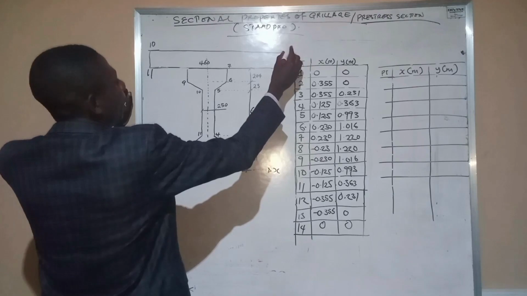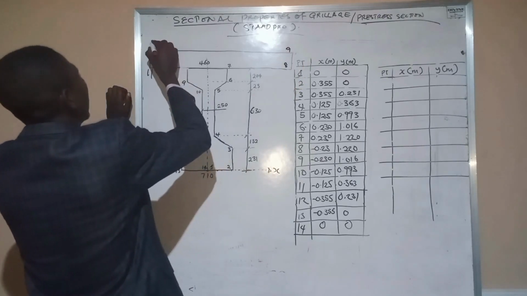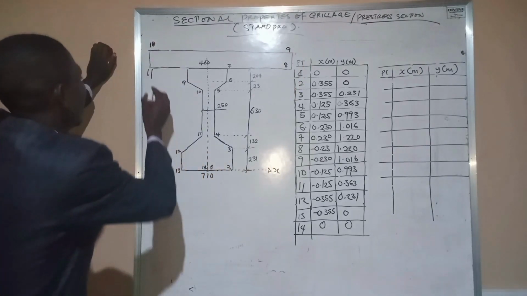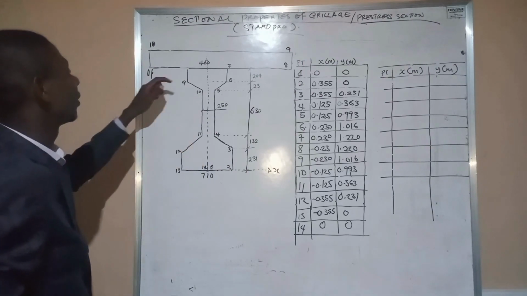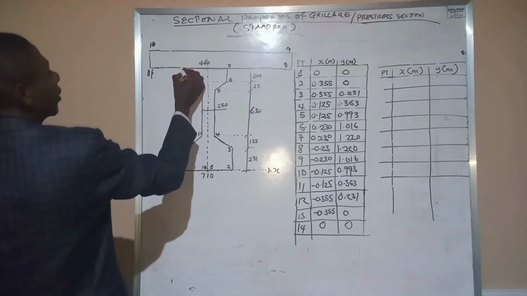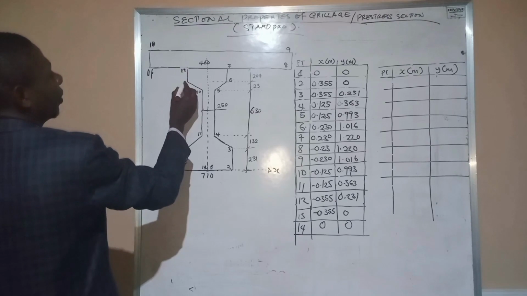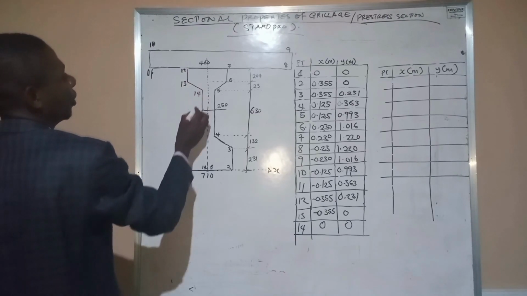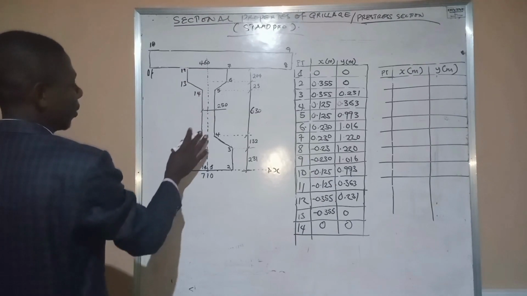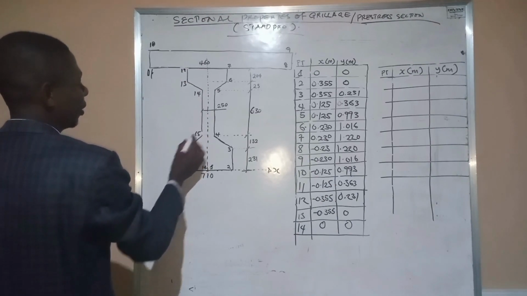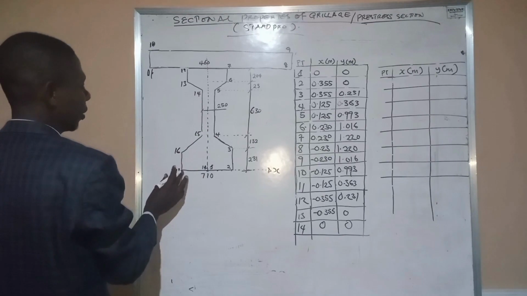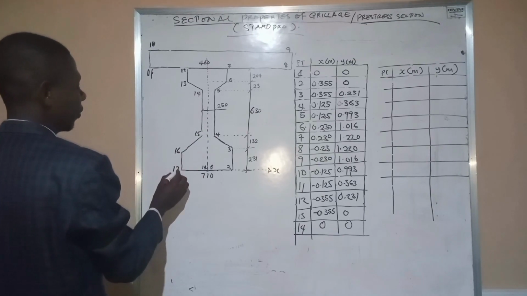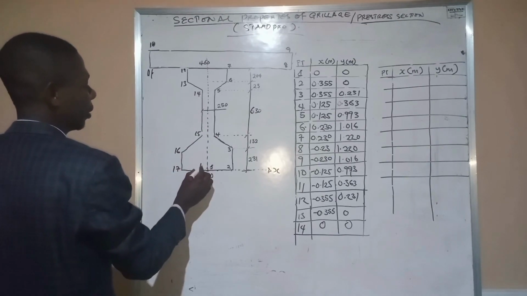Here becomes our 9, our 10, 11, and let's call it 12, 13, 14, 15, 16, 17, and yes, 18.